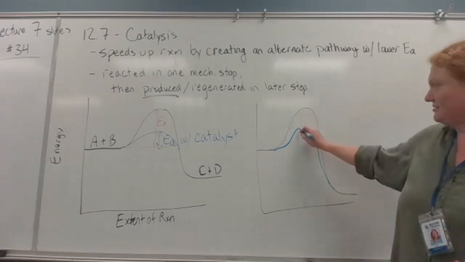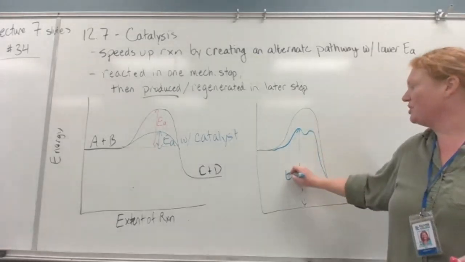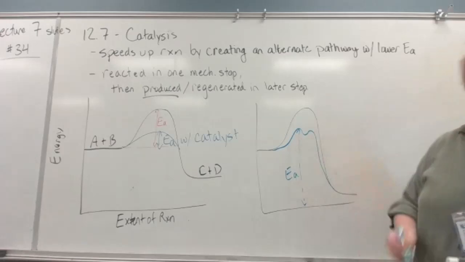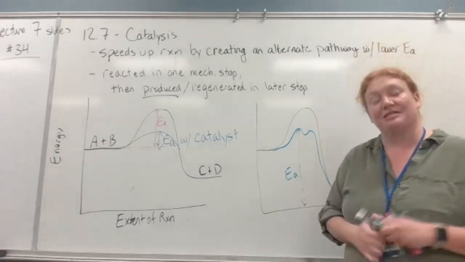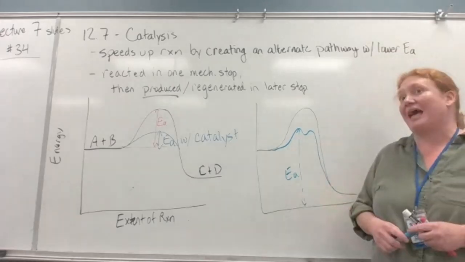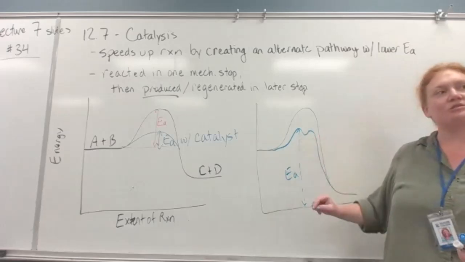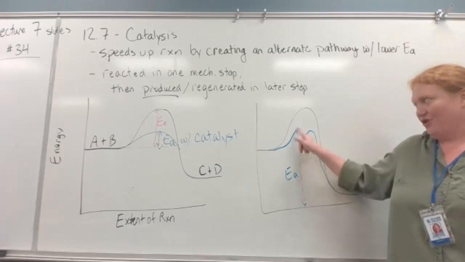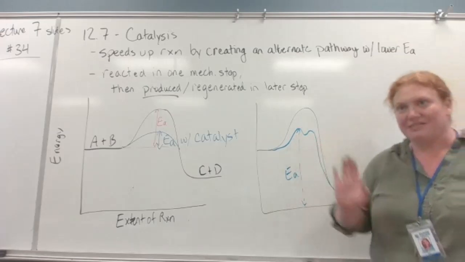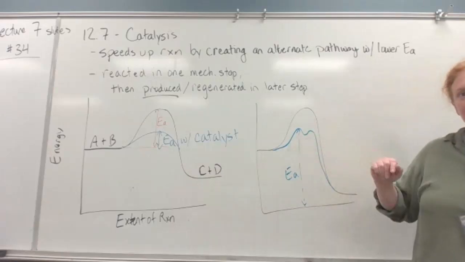So for this little drawing, it's this hill, right? But when you see 2 humps, how many steps are in the mechanism that was proposed for this catalyzed reaction? That's a 2-step mechanism. Which step is the slow step? The first step or the second step? The first step is the slowest step. It's the biggest hill to get over, right? First step is the slow step.